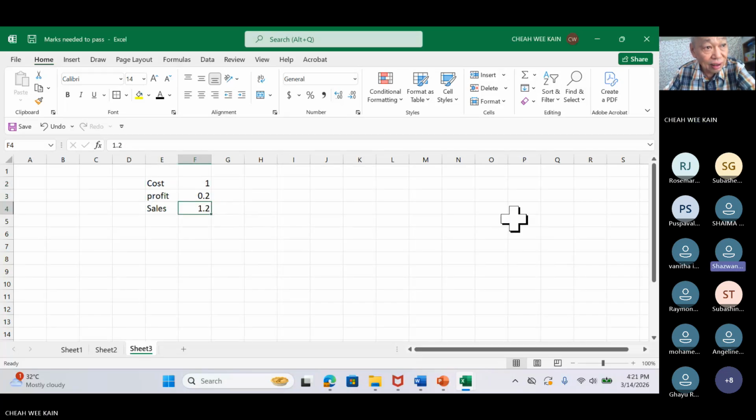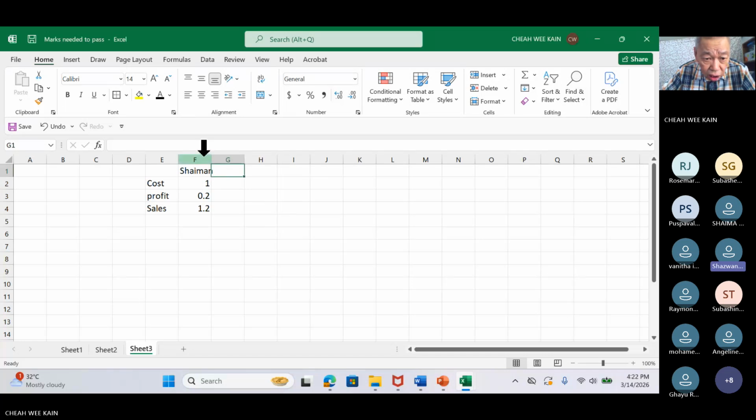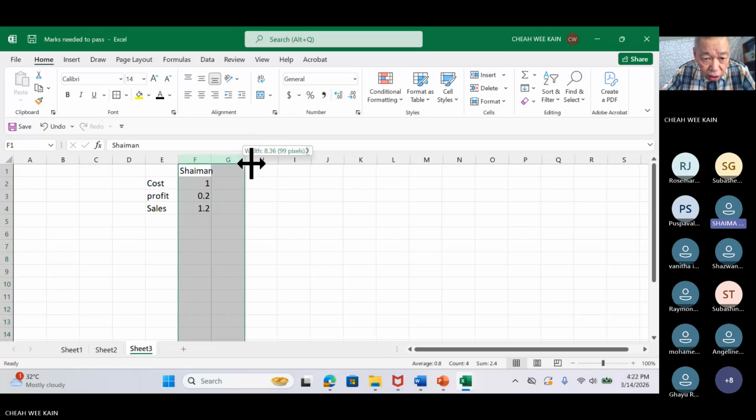So, what's your name already? Shazwan. The class monitor's name is Shaima. How to spell? No N at the end.